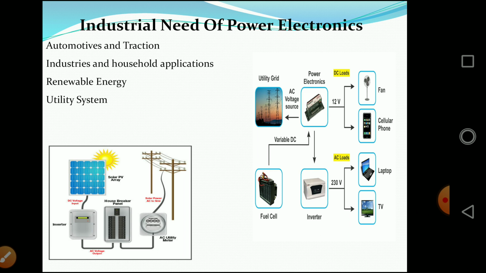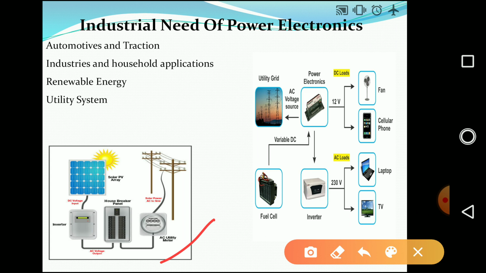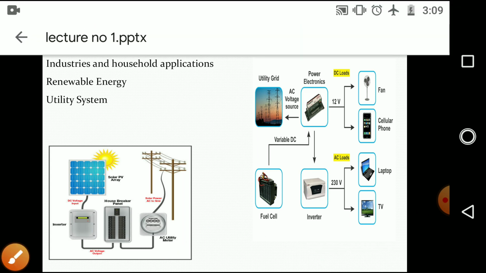Next, in industry, some power electronic circuits are used for temperature sensing, and some electronic circuits are used to sense other activities. So control circuits are used in industry also. Renewable energy means, this image represents a power electronic application in a renewable energy system.